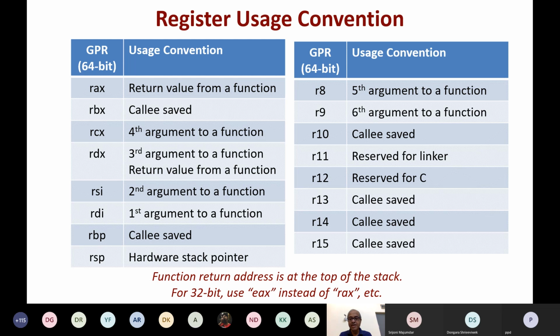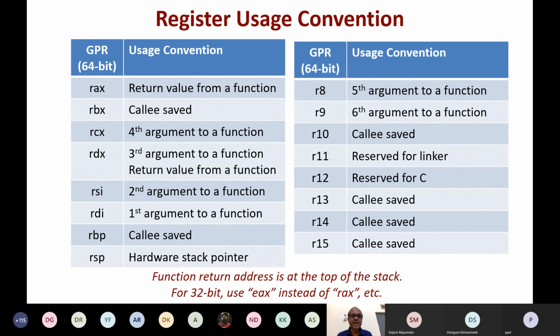Similarly, when you are calling a function, the first argument as a matter of convention will be stored in RDI, second argument in RSI, third in RDX, fourth in RCX, fifth in R8, sixth in R9. If the number of arguments is more, then there is an indirect way of passing the arguments.